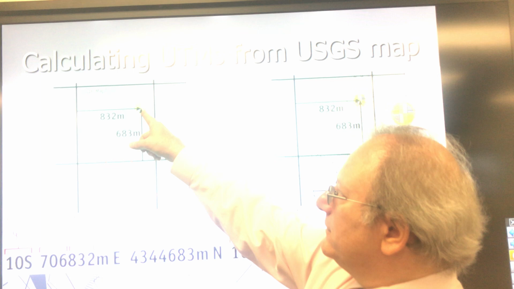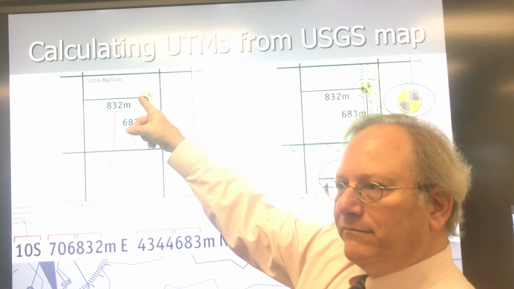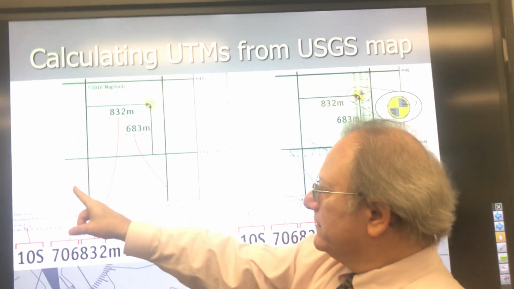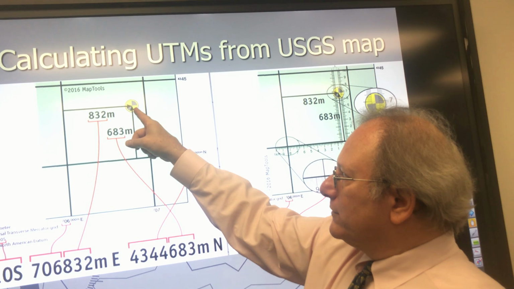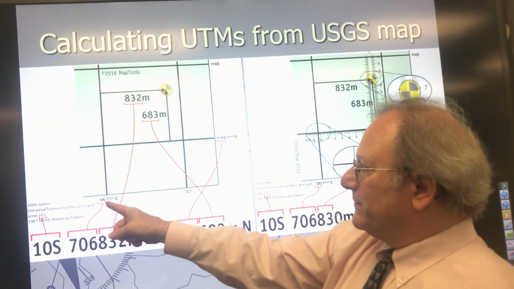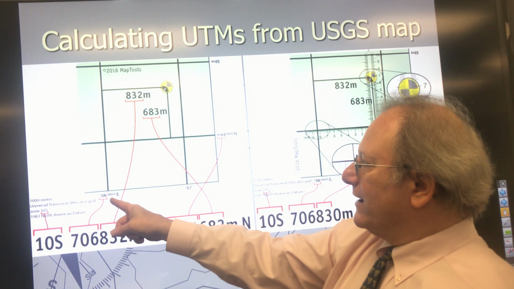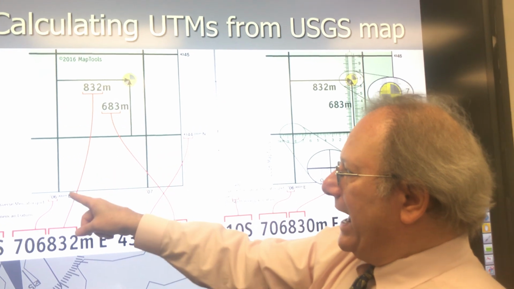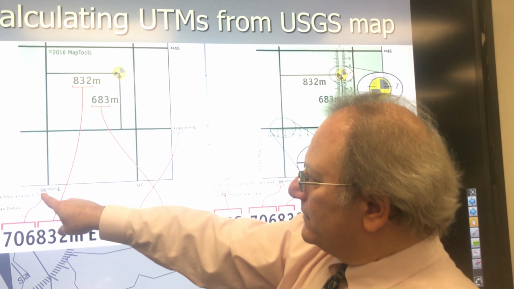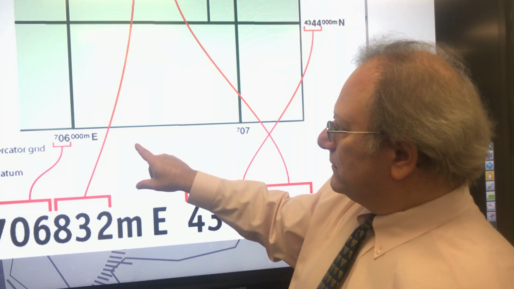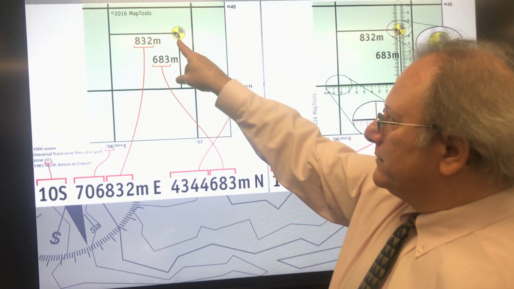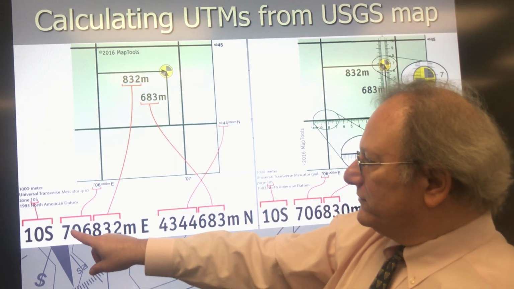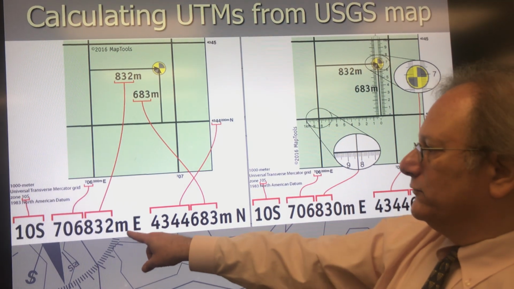If this yellow and gray circle is the point you want to calculate UTM coordinates for, you can measure, in this case, 832 meters east from this line, which is 706,000 meters east. You can measure east to your point and then add that. So you start at the 706,000 meter line, and then you measure 832 meters east from there, and what you get is an easting of 706,832 meters east.